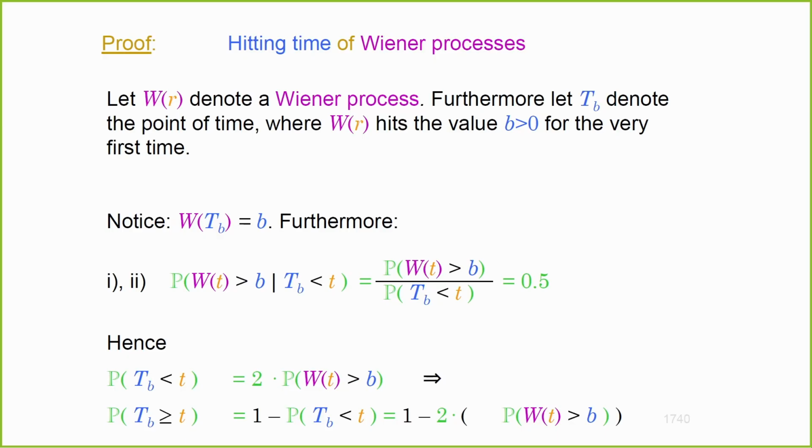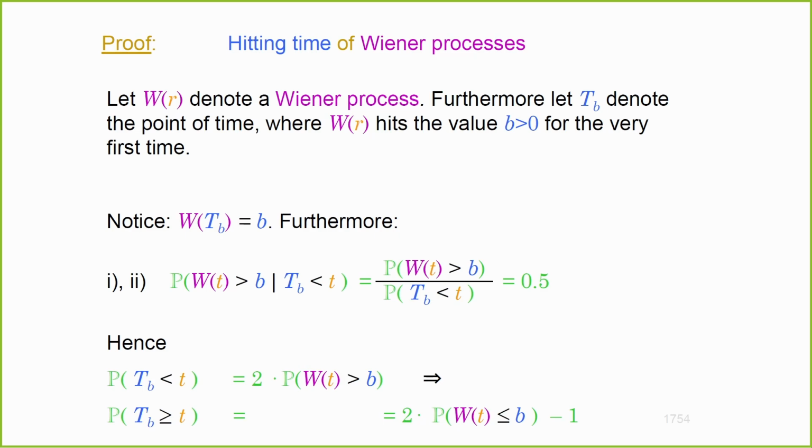Again, the probability that the Wiener process is greater than b is 1 minus the probability that it is not. So you get 2 times the probability that the Wiener process is not greater than b, and then plus 1 minus 2, which is equal to minus 1. So this yields 2 times the probability that the Wiener process is not greater than b, minus 1.